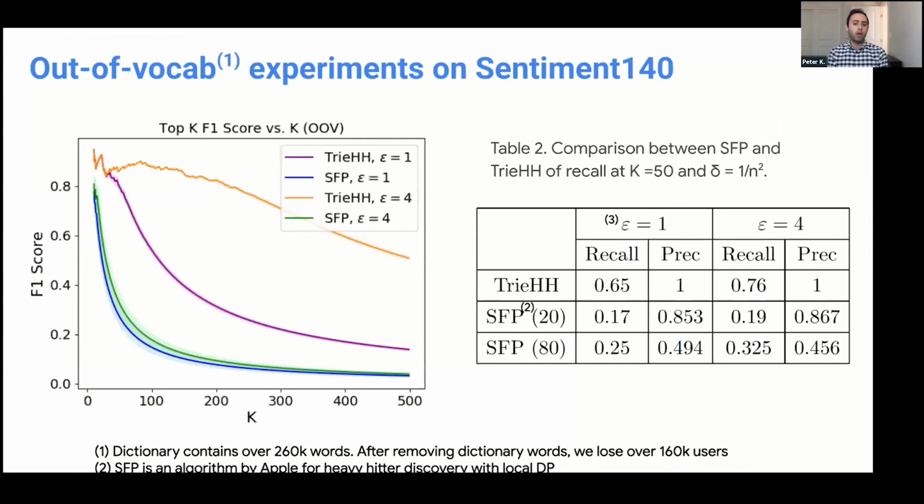All right, so I told you I wanted to show you utility, and we've done experiments on a massive data set. It's called Sentiment 140. For those of you who have done natural language processing research or engineering in the past, they may be very well aware of this data set. It's a Twitter data set, meaning that it has tweets from about 600,000 users.